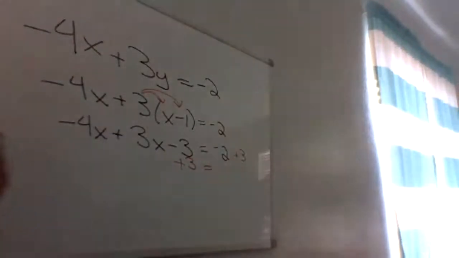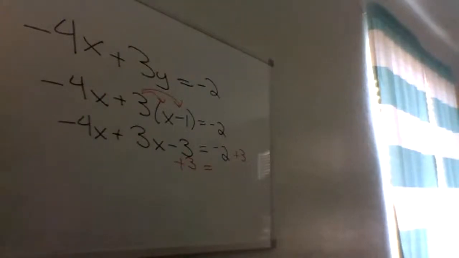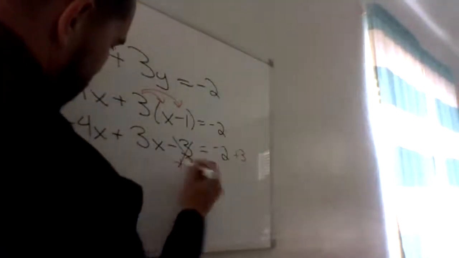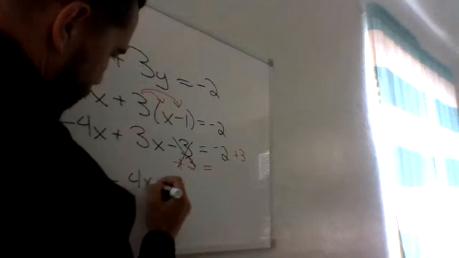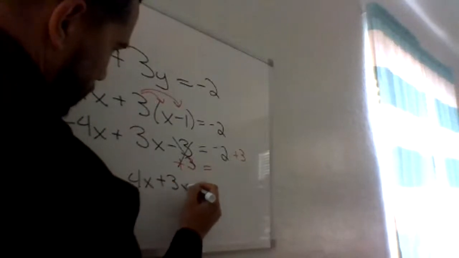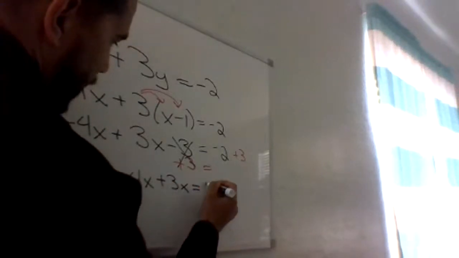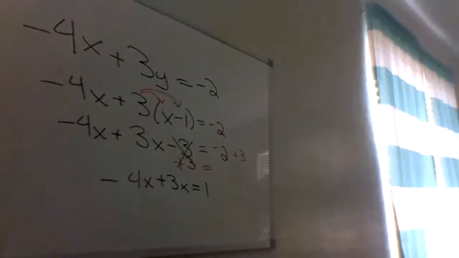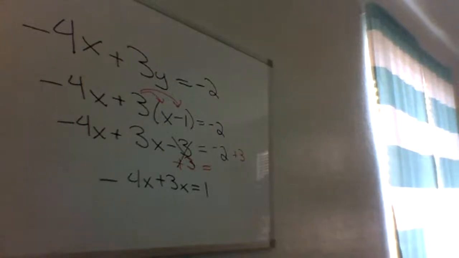Now I'm going to rewrite the whole thing. So that's going to be negative 4x plus 3x equals positive 1. Oh, no. Negative 5. Well, if you're negative $2 in the bank and I gave you 3. Yeah, positive 1. Now what?